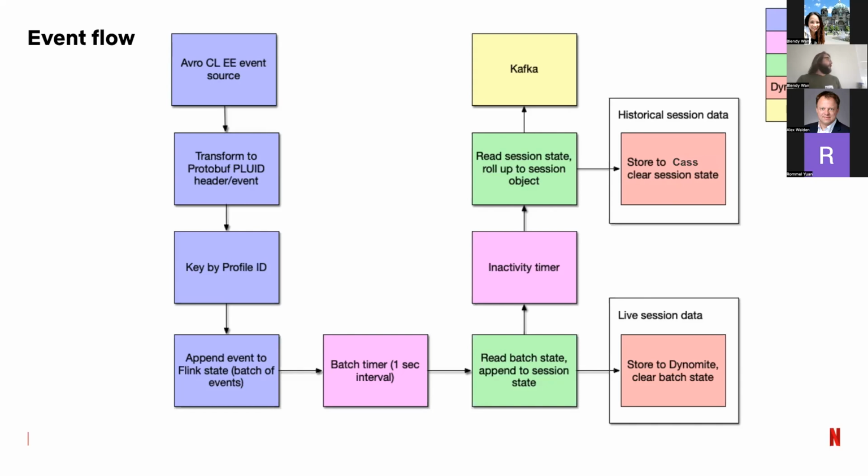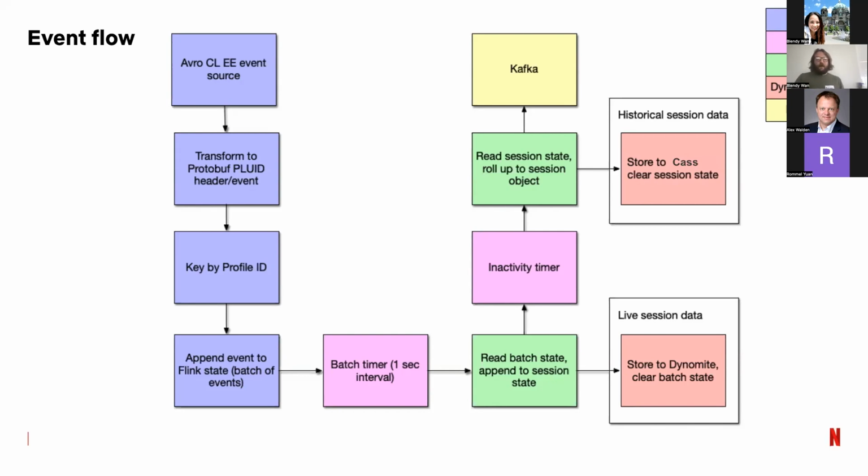This timer takes those events and also appends them into a Redis cluster. We use Dynomite, which is Netflix's layer on top of Redis that supports cross-region replication and a bunch of other features. But the basic idea is that the data we're storing in Redis is pretty much a copy of the data stored in the Flink state, so it has all of the events.